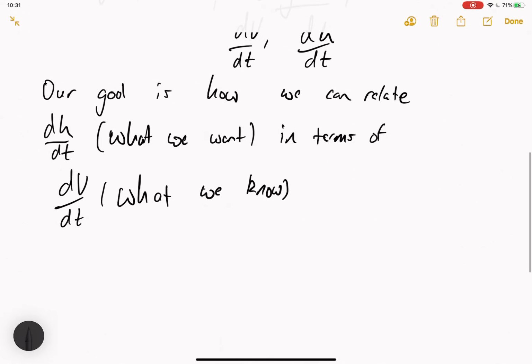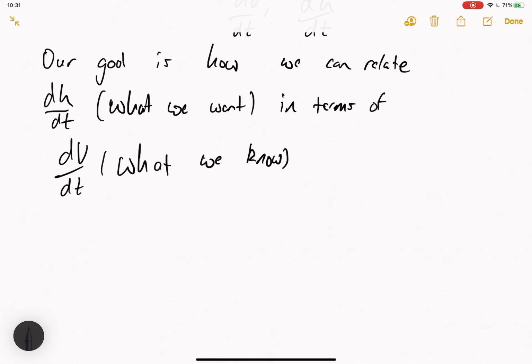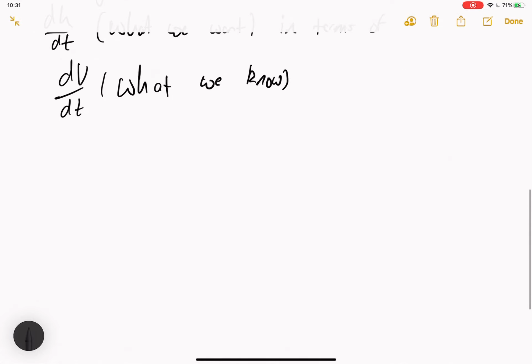So I'm going to move on to a different example that's going to be more concrete. But let me just finish this real quick.